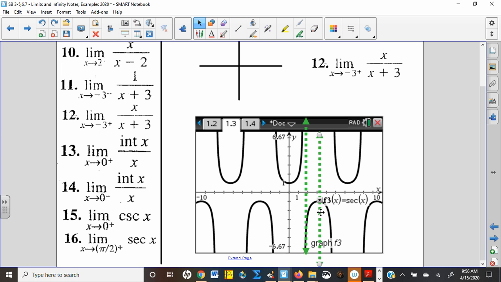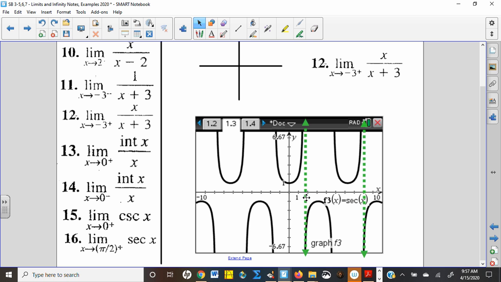If I have like a pi over 2 or a 5 pi over 2, or the next one would be a 9 pi over 2, okay, so like every other odd multiple of pi over 2, then I have a left limit of positive infinity, and a right behavior of negative infinity, right? If I come in from the left, it's going up. If I come in from the right, I'm going down.